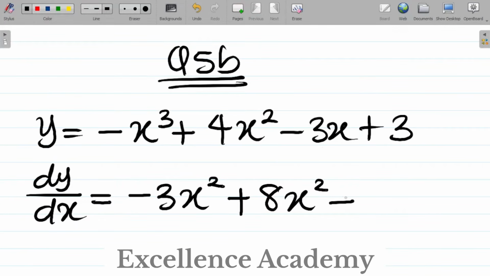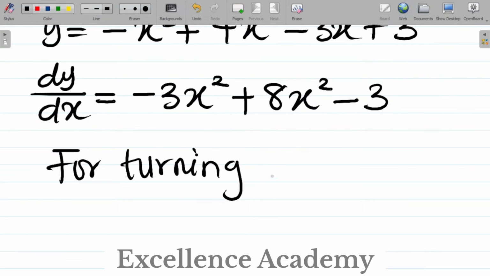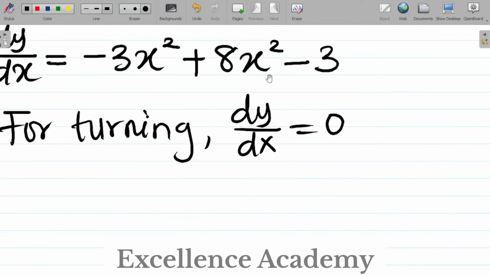If I differentiate minus 3x, I'll have minus 3. Then differentiating the constant 3 gives 0. You want to find the turning points, and for the turning points the condition is that the derivative dy dx should be equal to 0. That means you equate this function to 0.